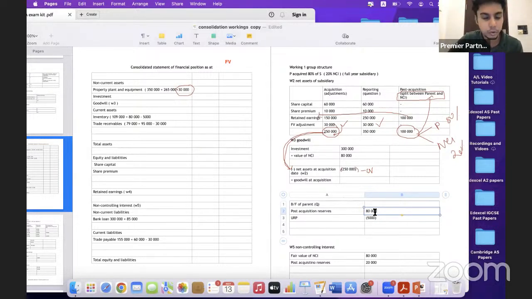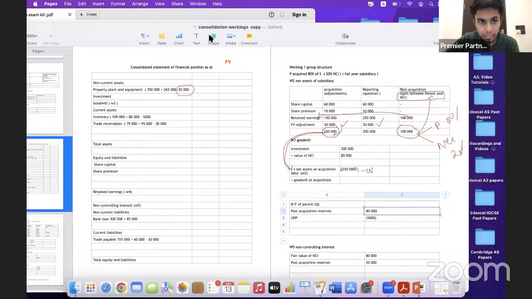That's how it's supposed to be marked. Take the 100,000, always post-acquisition is split between parent and NCI. NCI share will always go to NCI working. Parent share will always go inside retained earning. If you ever forget, it's very simple. Ask yourself, from where did this come? It will always come from retained earnings. So because of that, you are going to go and mark it over here. Done. That's it. So guys, this working now fully done.